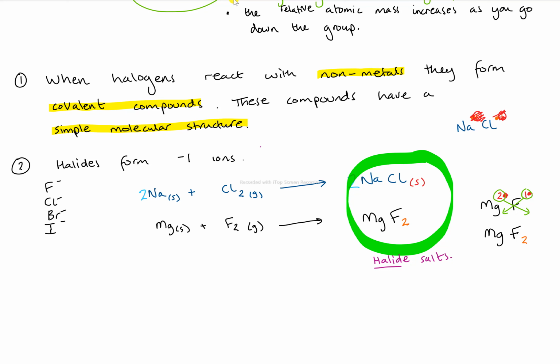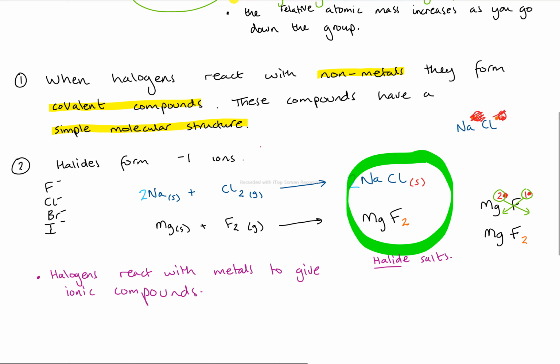So let's make a statement here: halogens react with metals to give ionic compounds. Basically they form ions.